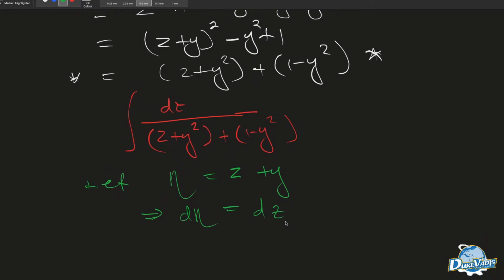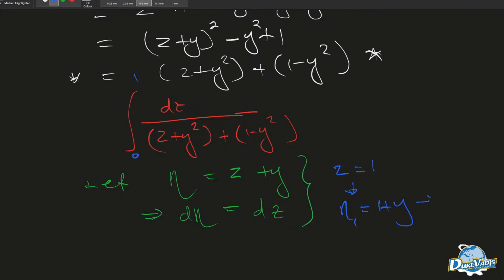If that is the case, then our limit will change. Since our limit is still 1 and 0, when z is equal to 1, then xi at 1 equals 1 plus y.